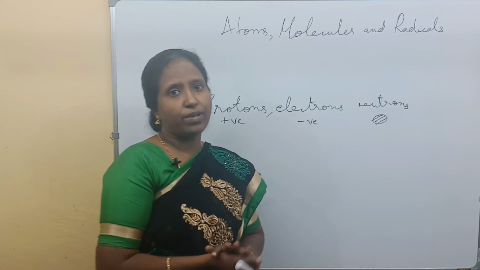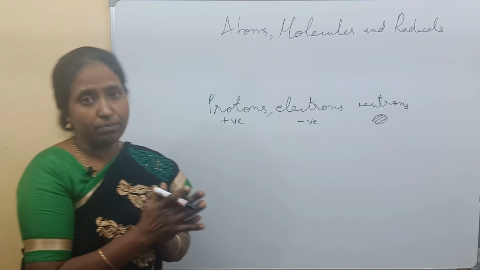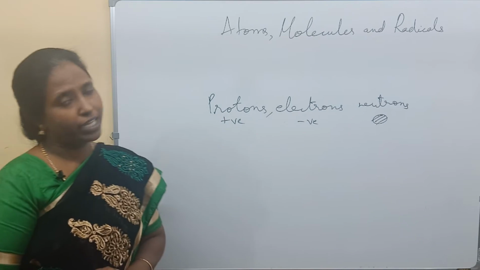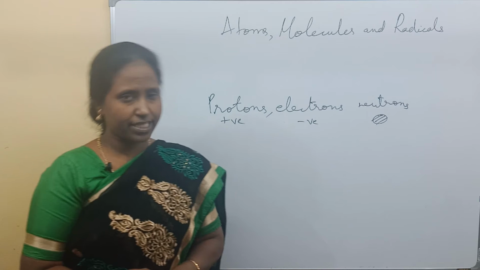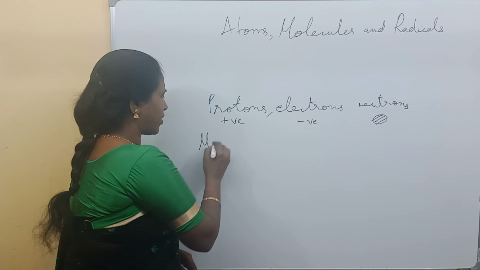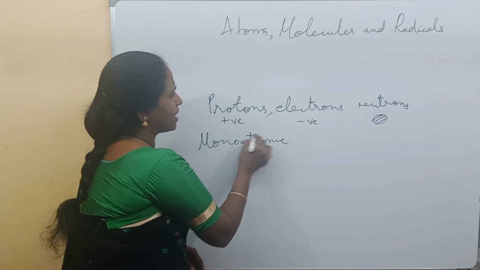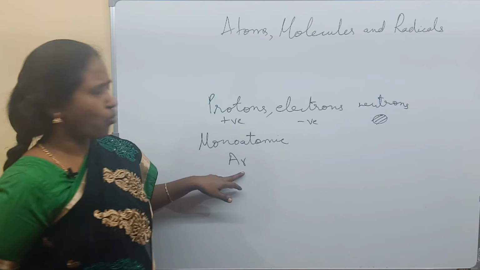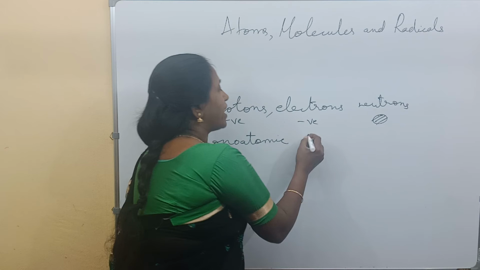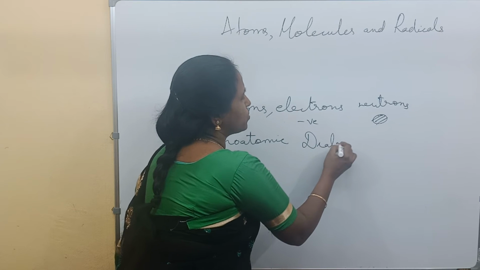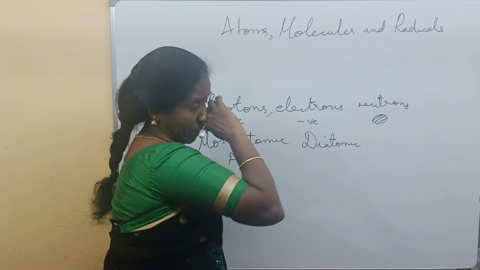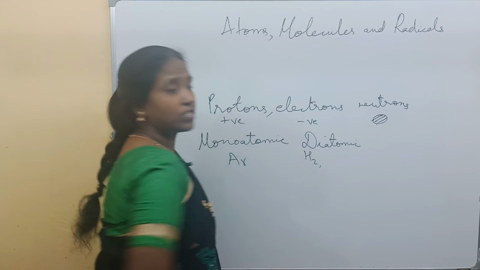The number of atoms which combine to form a molecule is called the atomicity. Monoatomic is a single atom, like argon. Diatomic is two atoms making one molecule, like hydrogen and oxygen.